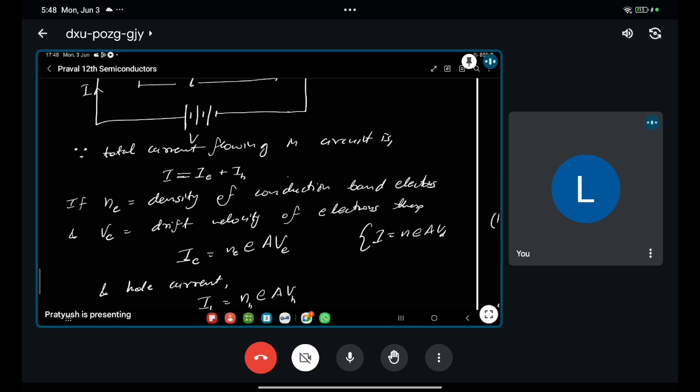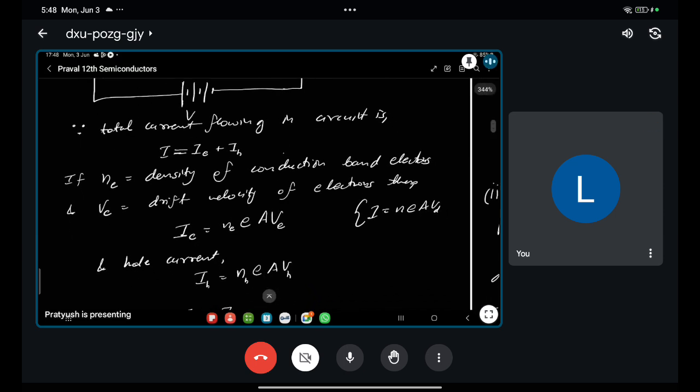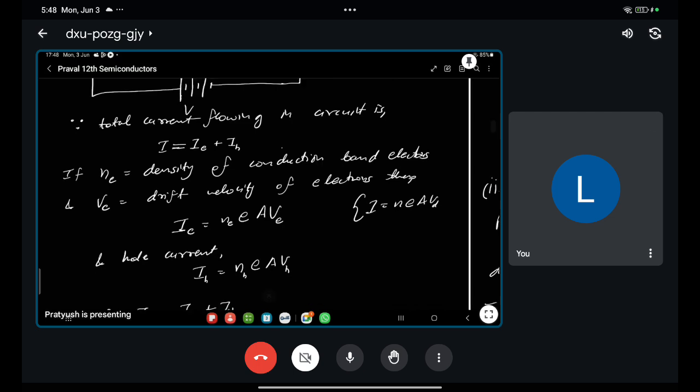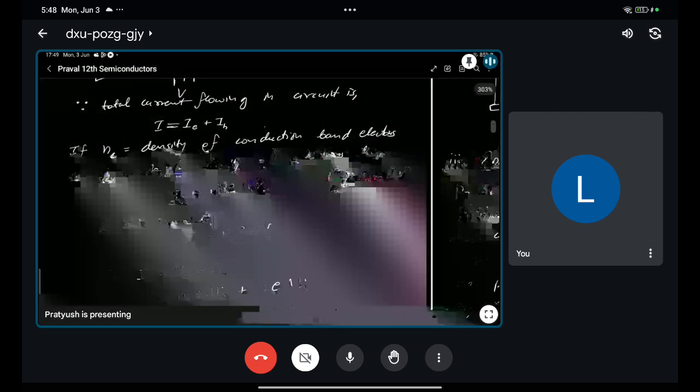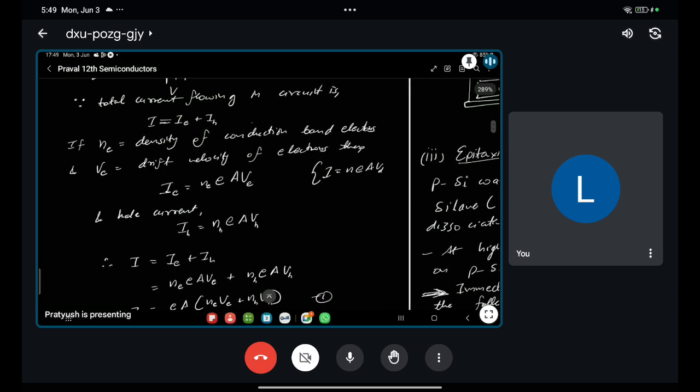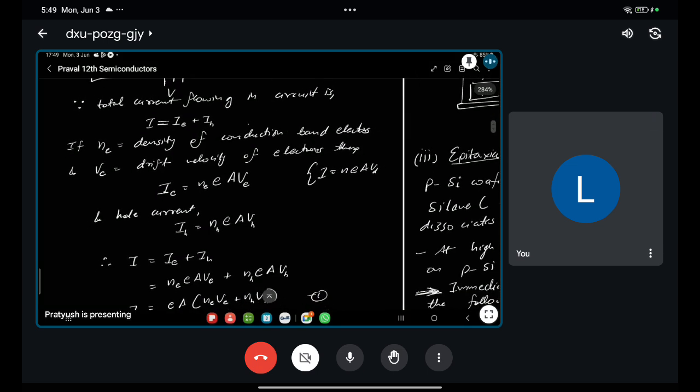Similarly, hole current will be what? NheAVh. Now here, instead of Ve, we will use drift velocity of holes, that is Vh. Getting it? So from here, we will get total current, that is I = NeeAVe + NheAVh.